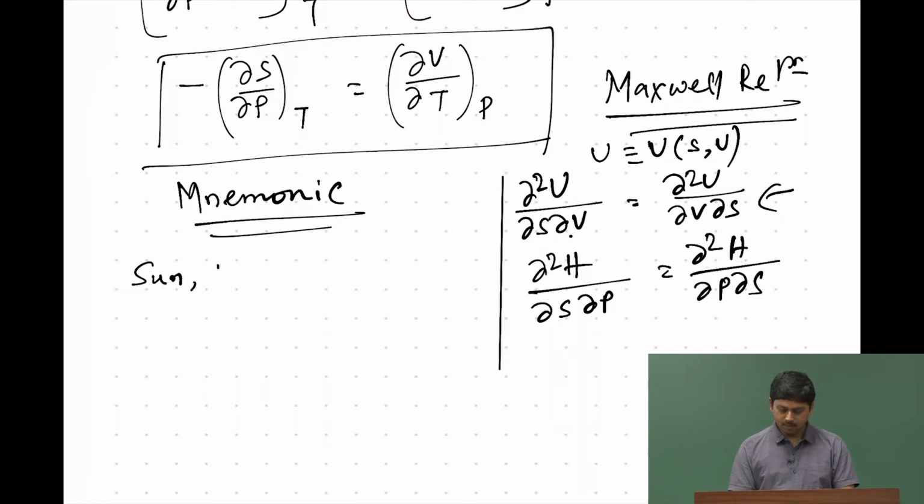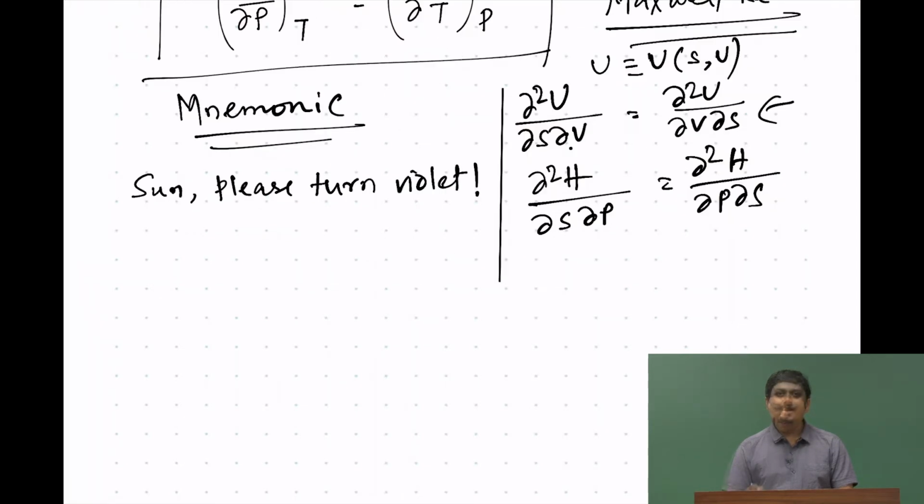In the want of any better mnemonic, I can write this: sun, please turn violet. You can find some mnemonic for S, P, T, V. What I want to mean is that S, P, T and V, you have to put it in this order, or you can write another mnemonic.